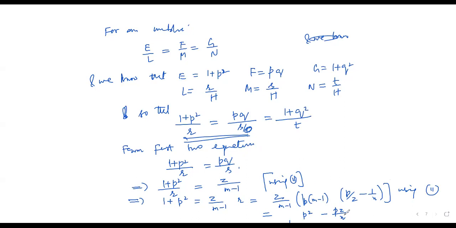Right? So of course p square cancels, you will basically get p is equal to minus x by z, which would be minus x raised to power m minus 1 divided by z raised to power m minus 1.